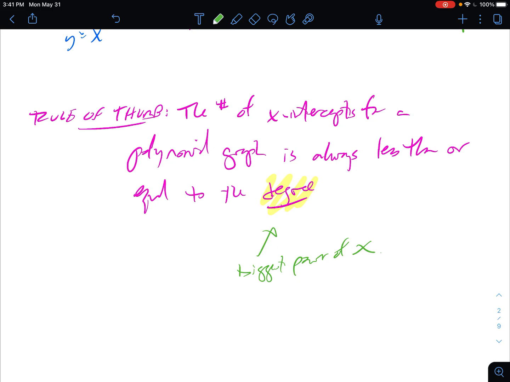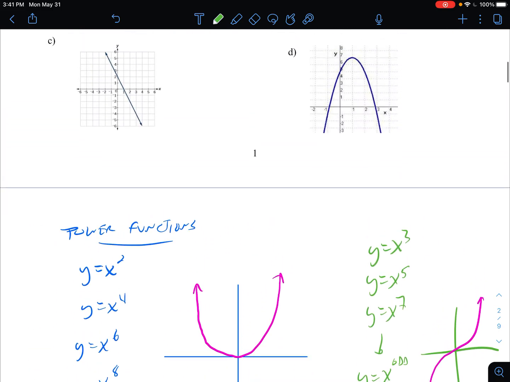So with that in mind, we can look at graphs and guess how complicated the polynomial function is.